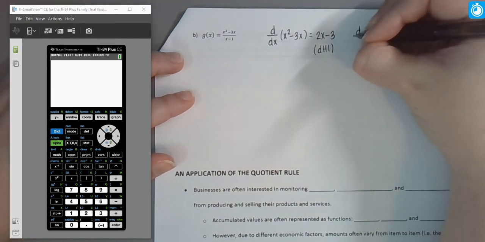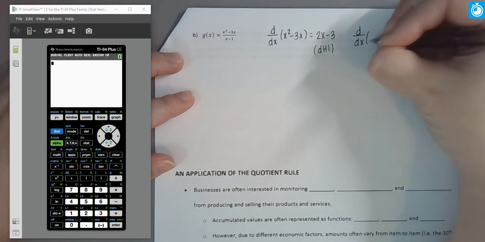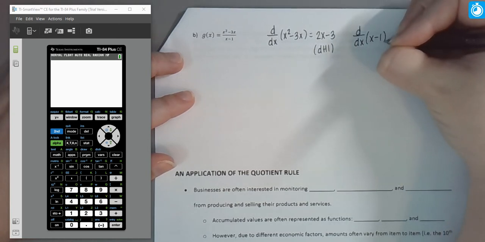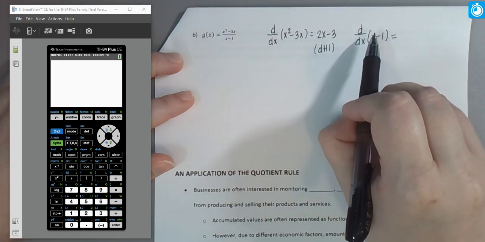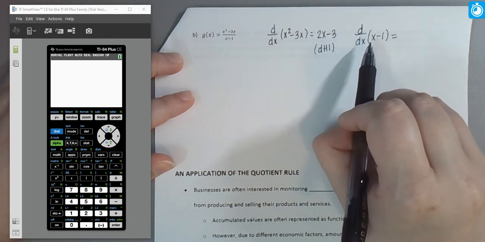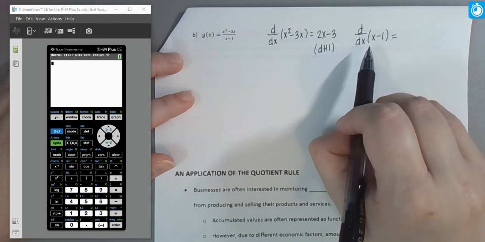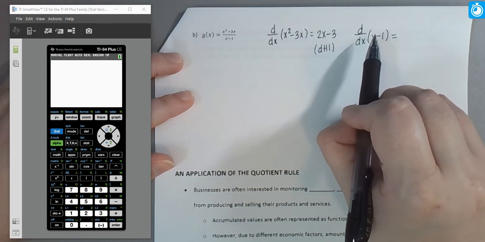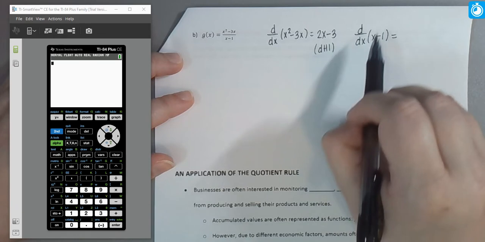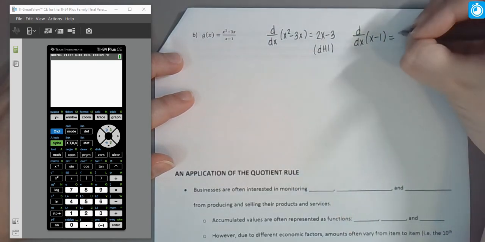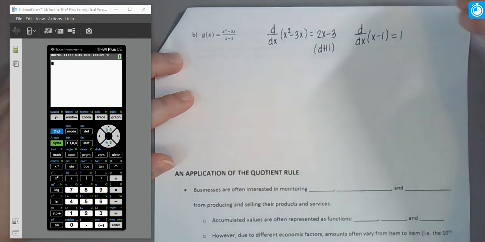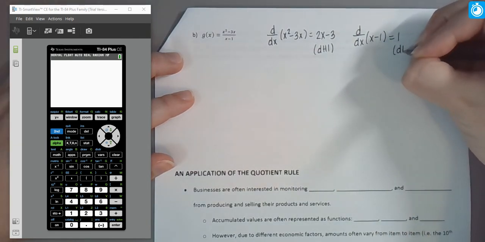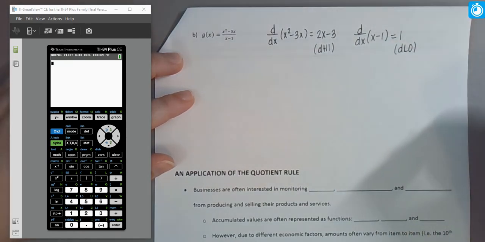And then we also need to differentiate our denominator, which is x minus 1. Okay, the derivative of the first term, x to the first power, will bring down the 1. So we now have a coefficient of 1, which wasn't written before, but we do want to write it now because it will now be x to the 0 power, which means the x goes away. So there's the 1. And then we differentiate the constant and it goes to 0. So this is going to be our d low.